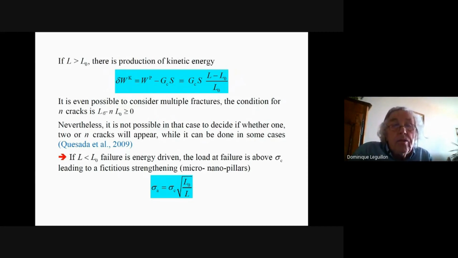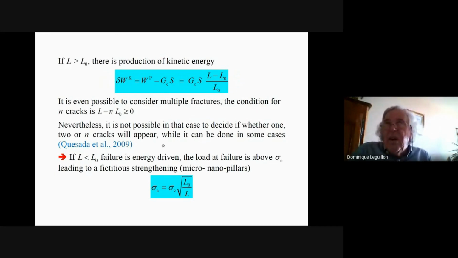Okay, and the condition is simply this inequality. In this case, it's not possible to decide whether one or more. It's an open problem. Why? If the bar is very long and there is a lot of extra energy, it breaks in two parts and produces a lot of kinetic energy instead of more cracks. It's very difficult to decide.